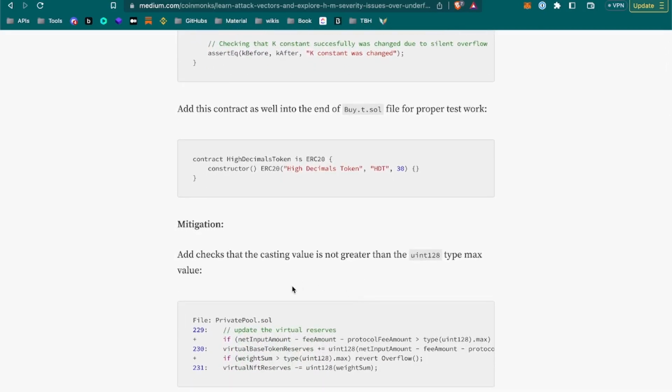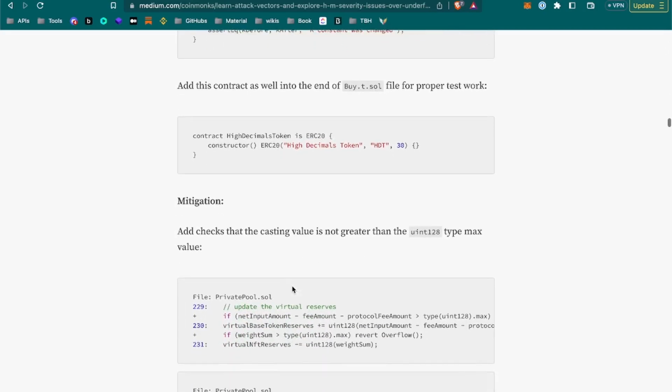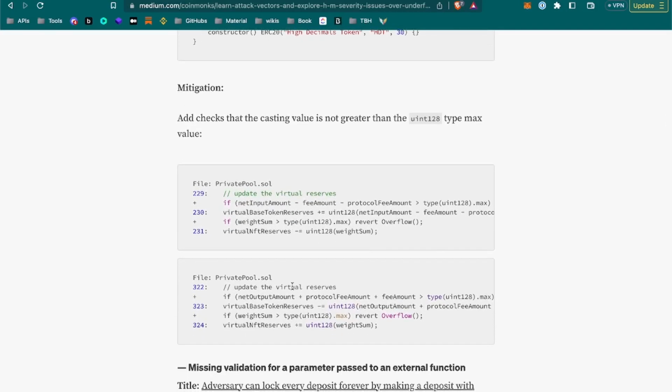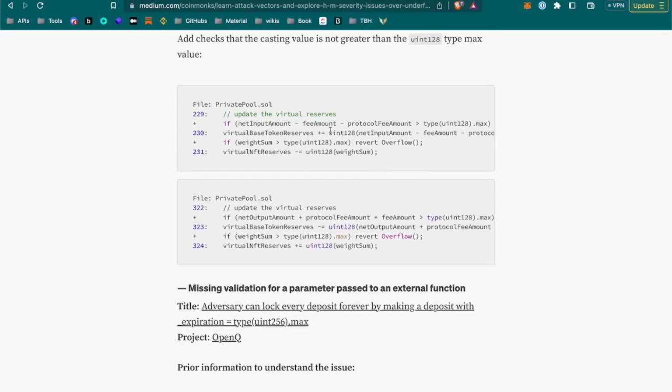However, okay, let's go forward because the mitigation is here. As it's mentioned, it adds checks that the casting value is not greater than the uint128 max value. So yeah, we can see in this line that it is adding the verification.